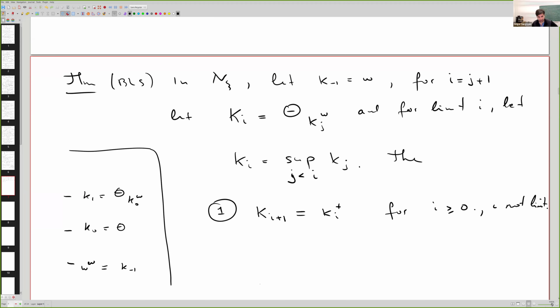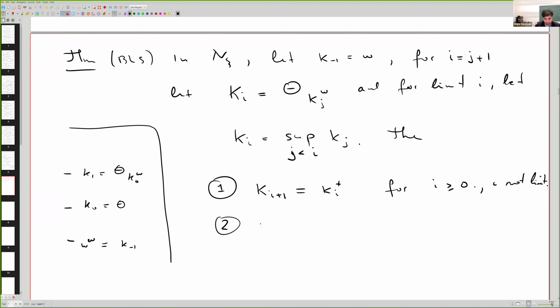For limit ones, this is also not true. True, 2, if I is limit, kappa I plus 1 is strictly bigger than kappa I plus.